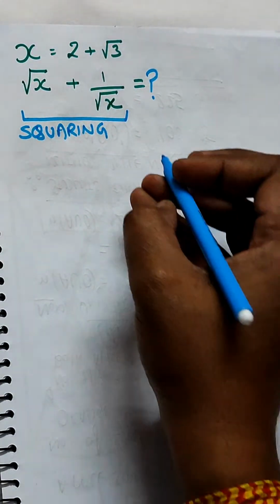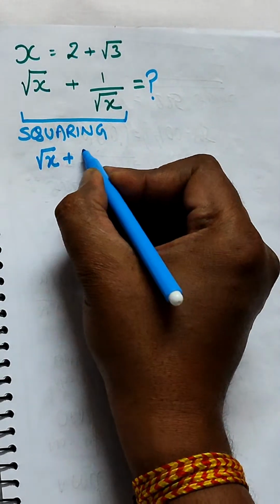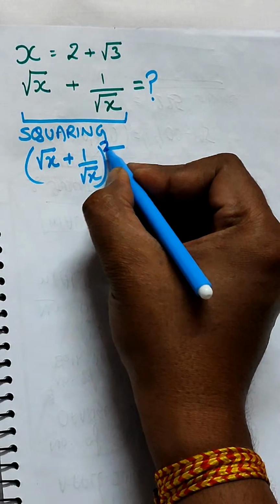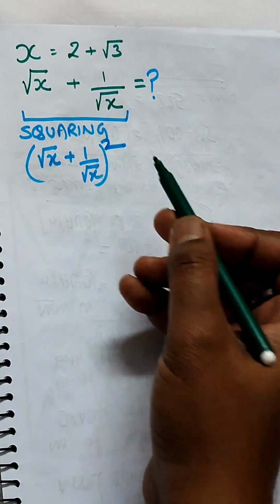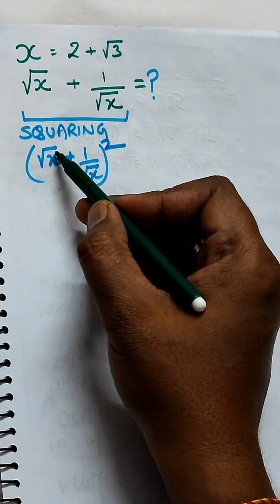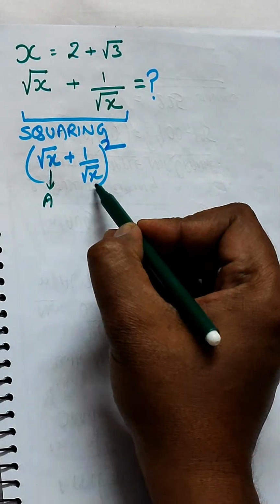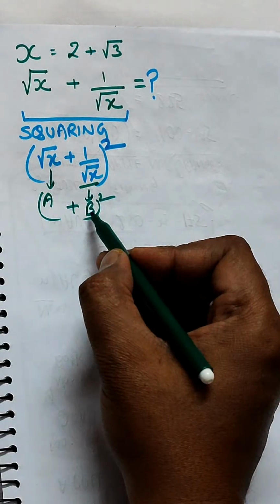we will have root x plus 1 by root x whole square. This is a plus b whole square, so you can expand it assuming root x as a and 1 by root x as b. And what is the formula of a plus b whole square?